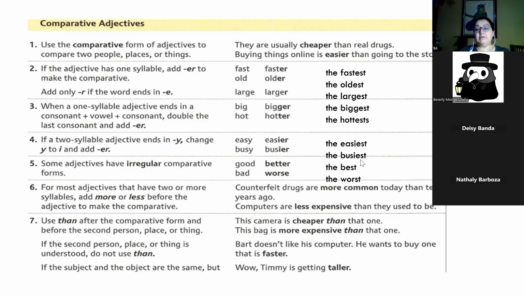Busy, busier, the busiest. These are irregular ones: good, better, the best; bad, worse, the worst, ¿ok? Y ahí en el libro está bien explicada la forma de las reglas, cuando se cambia de una forma a otra, y que en este caso no se le agrega nada, solo la R, en este caso hay que doblarle la consonante, en este caso cambiarle la I, y esas son irregulares, ¿ok?